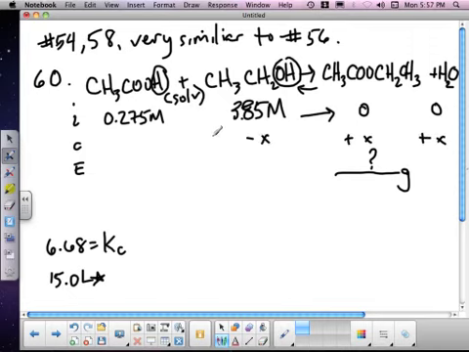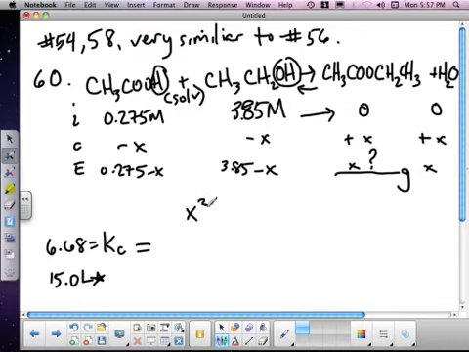At equilibrium, this is going to be 0.275 minus X, 3.85 minus X, and then this will be X, and this will be X. So Kc, which is 6.68, is equal to products, X squared, X times X, over 0.275 minus X times 3.85 minus X.